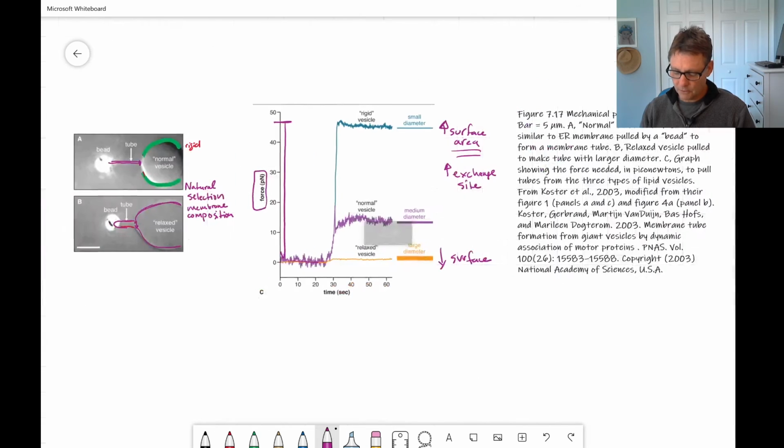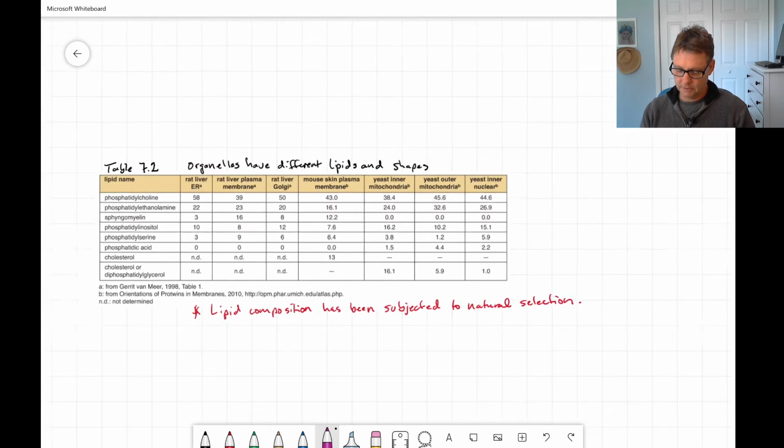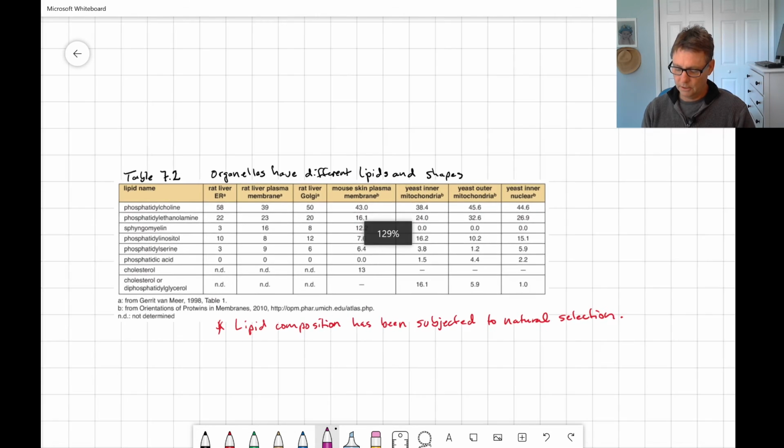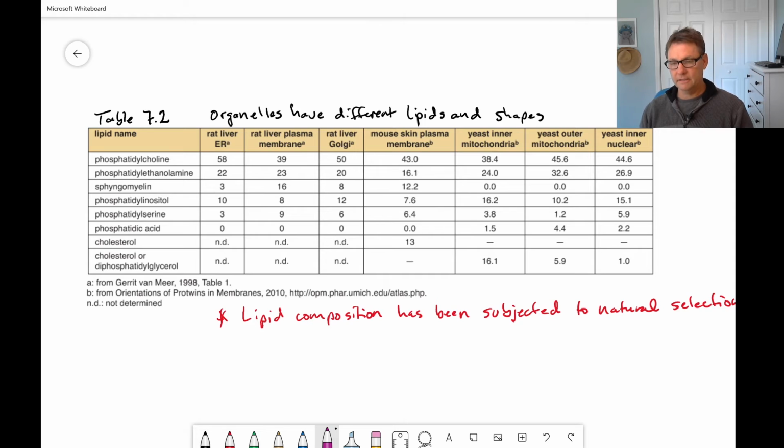Okay, so if we go down and look at the table in the book, table 7.2, this is just showing you organelles with different lipids and shapes within different systems. So this is looking at rats versus yeast. And this is, again, looking at their membrane systems.